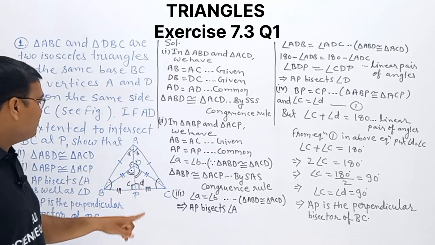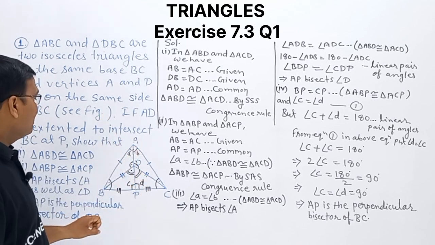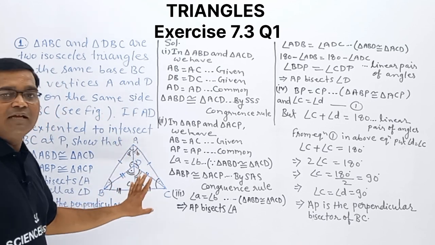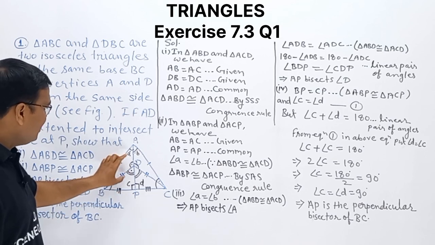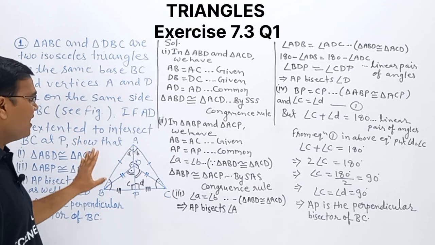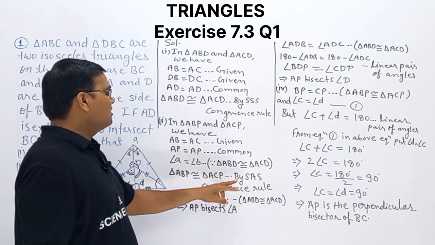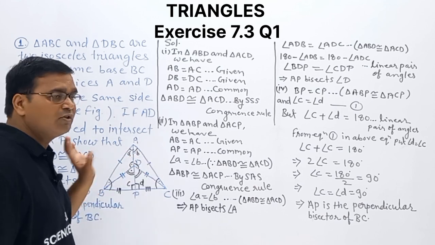We want to show this one, angle C and angle D are 90 degrees. This angle C equal to angle D, that's okay. From the congruence rule, triangle ABP is congruent to ACP, we proved, by the side angle side congruence rule, that's okay.